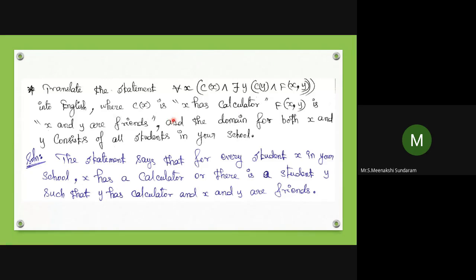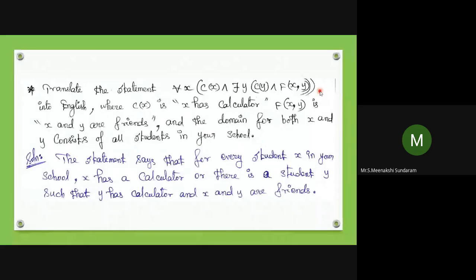And the domain for both x and y consists of all students in your class. Okay, how to write this statement? What is the easiest way to write it? First, C of x is given: x has a calculator, and F of x comma y means x and y are friends, and the domain is both x and y consisting of students.